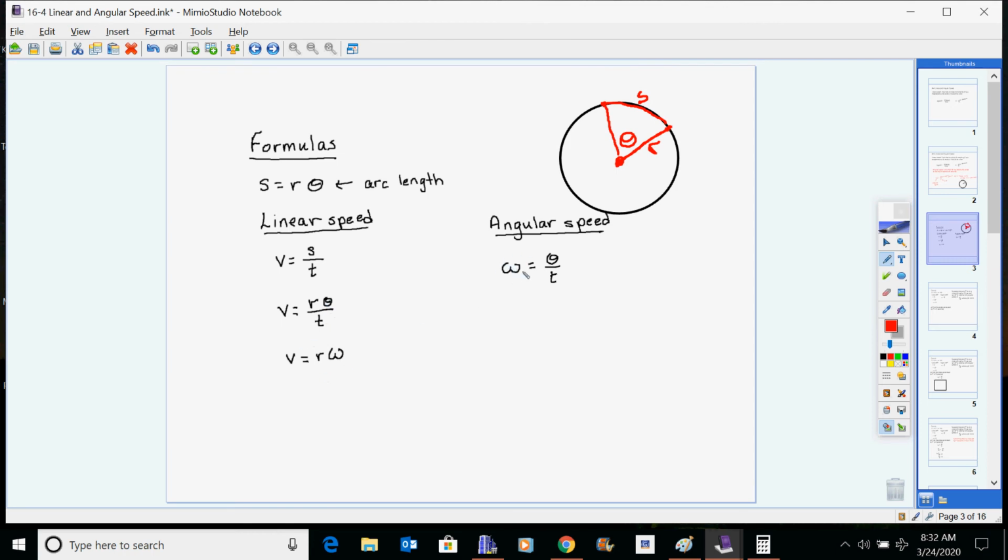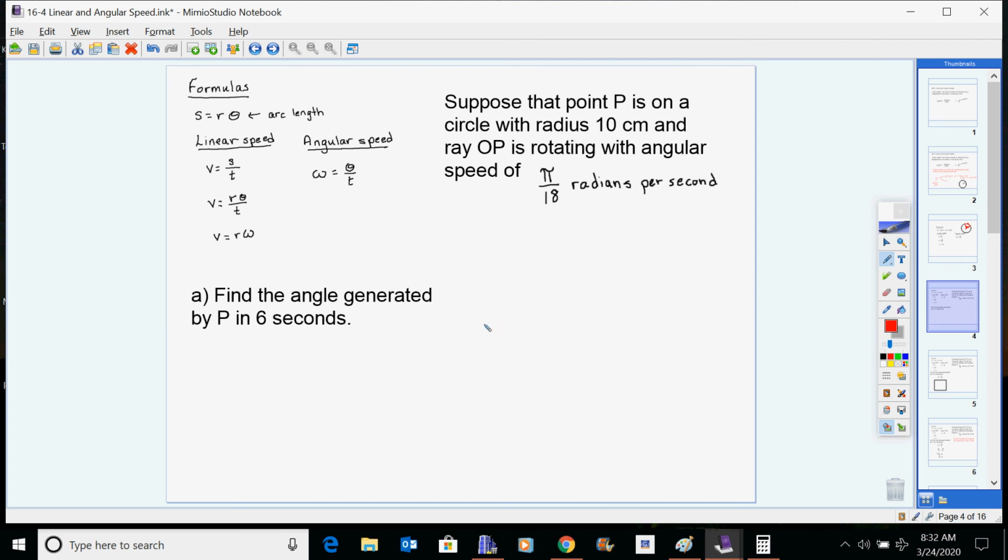If you multiply the angular speed in radians per second times the radius, you also end up getting a linear speed, how far in how much time. So all of these different formulas can be used. I've got them showing up on every slide. You should have them handy as you go through problems. As you take notes, don't rewrite them every time. Just keep a paper on the side that has these formulas.